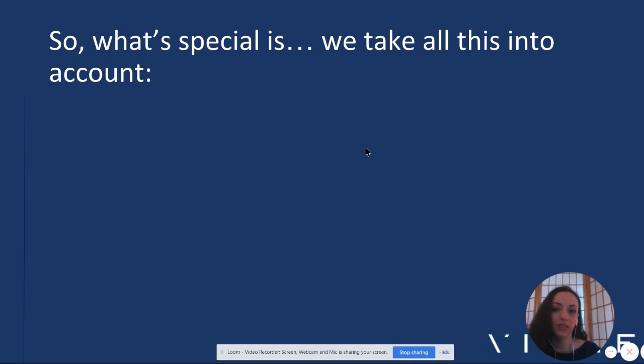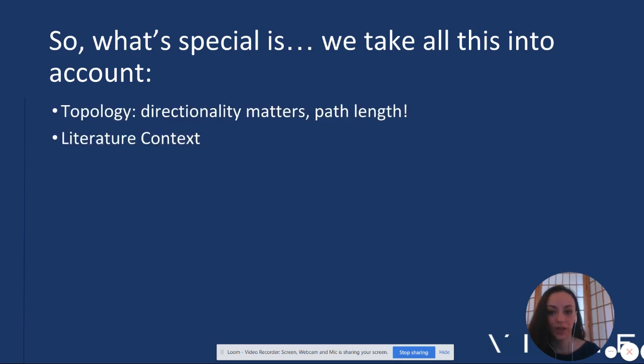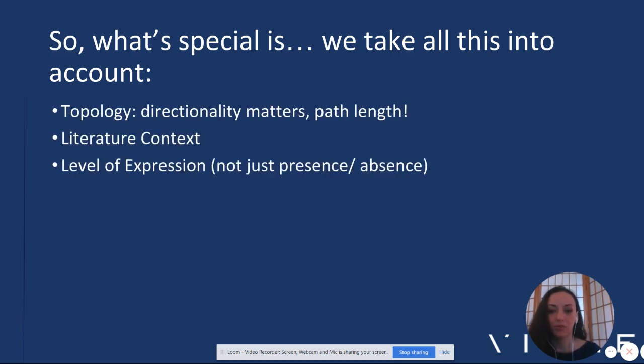And I basically just answered what it is that is so special, is because all of this is taken into account. The lengths, the literature context, some enzymes are bidirectional, some are very committed and pointed towards a specific way on the road, and the levels of expression. So this is really important.